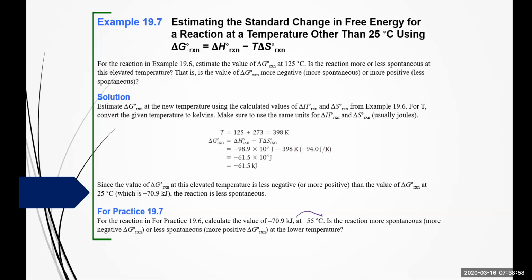They want you to go back and look at whether it's more spontaneous or less spontaneous at the lower temperature. So they want you to basically calculate the value at negative 55 degrees Celsius instead of the 125.